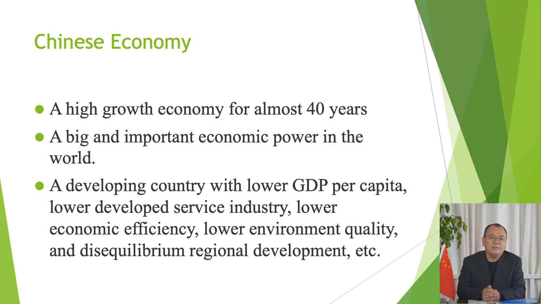The second is industrial equilibrium development. The third is vertical equilibrium development. And the fourth is internal and external development. So the four aspects are all equilibriumly developed. It's quite different from other so-called developed provinces in China. So let's see the first, the general picture of the Zhejiang economy.